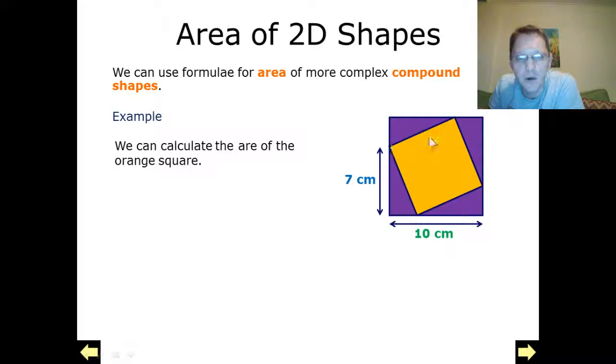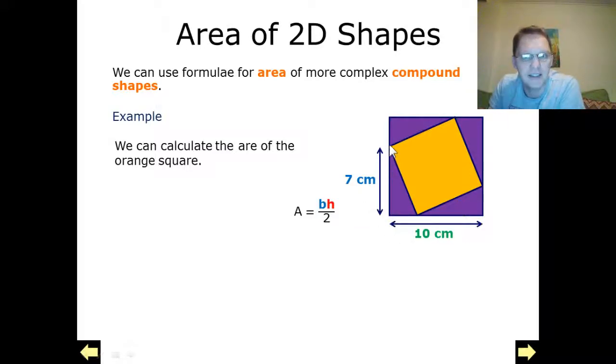But relatively, what we've got around the outside of this, creating the square, are 4 triangles. And we can work out the area of triangles because the area of a triangle is base times height divided by 2, or halving.